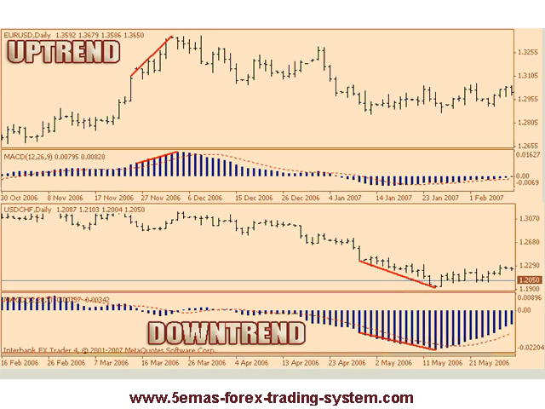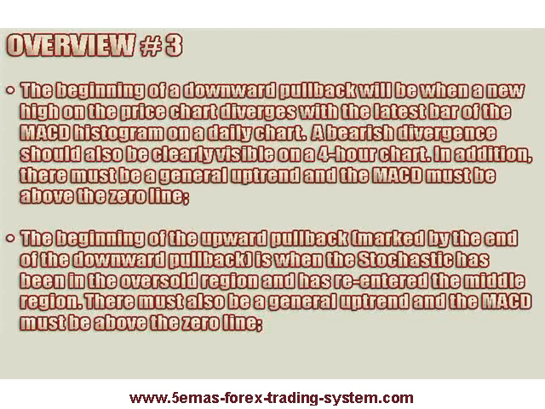Here you can see examples of an uptrend and a downtrend. Notice how changes in price are being confirmed by the MACD histograms. The start of a downward pullback will be when a new high on the daily price chart diverges with the latest bar of the MACD histogram.